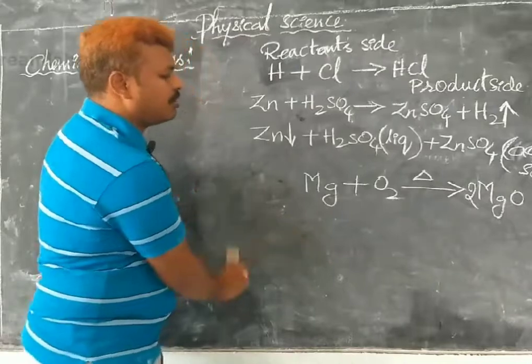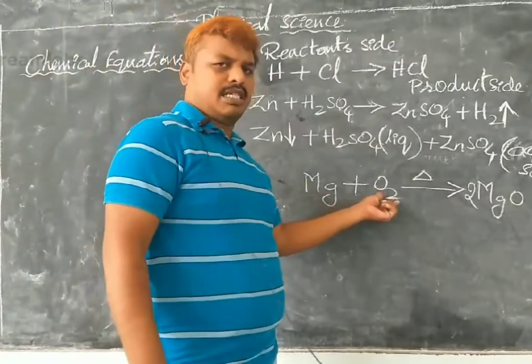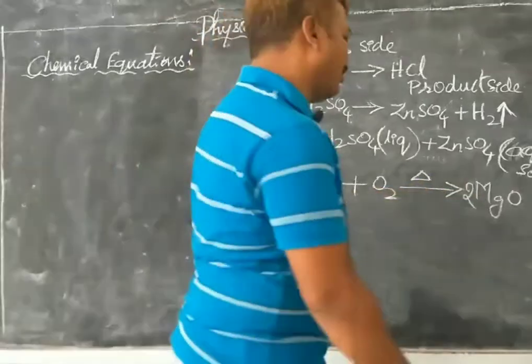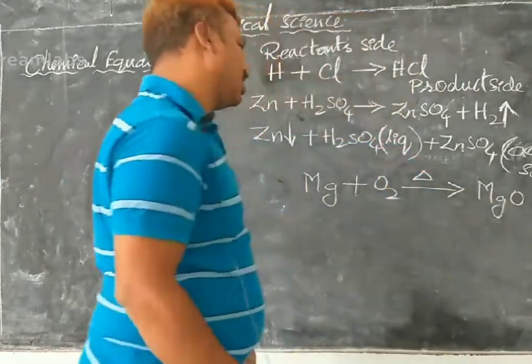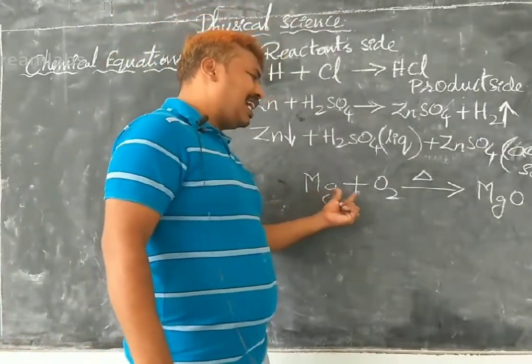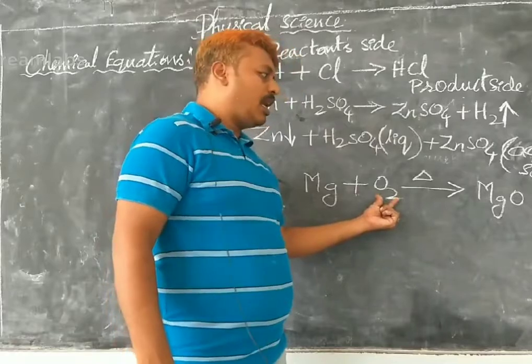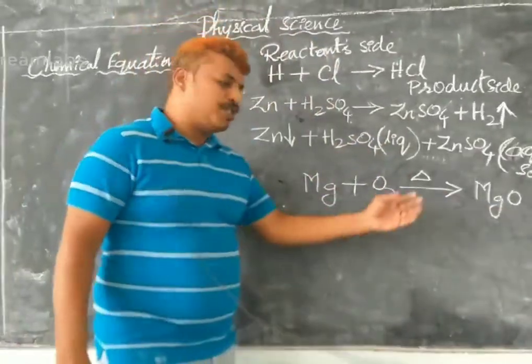Now in this equation you can see you have only one magnesium and two oxygens, and magnesium oxide. Now this is called the skeleton of the equation. If you see here, a magnesium atom reacts with the oxygen molecule and it is giving you product as magnesium oxide, MgO.